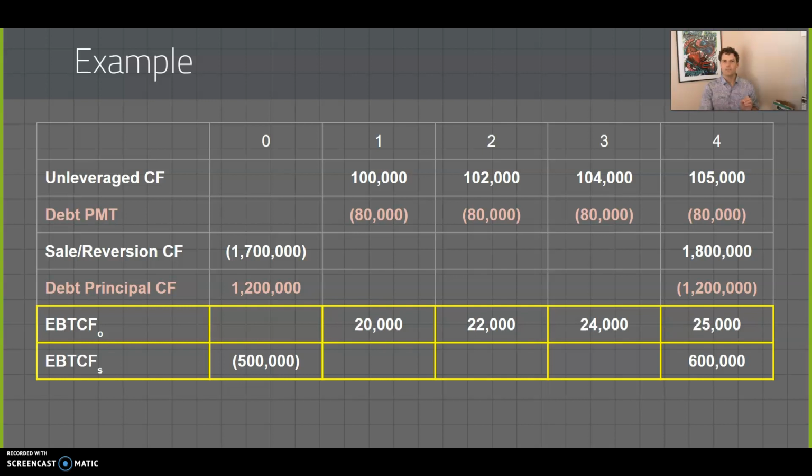That's how much of my money I put in that investment. Let's go to the sale. I sell this asset for $1.8 million, and I repay my lender the $1.2 million. Don't forget this step. It's a really common mistake. When you sell the asset, you have to pay back your lender. So my net cash flow at the end of that is a $600,000 inflow of cash to me, the equity investor.